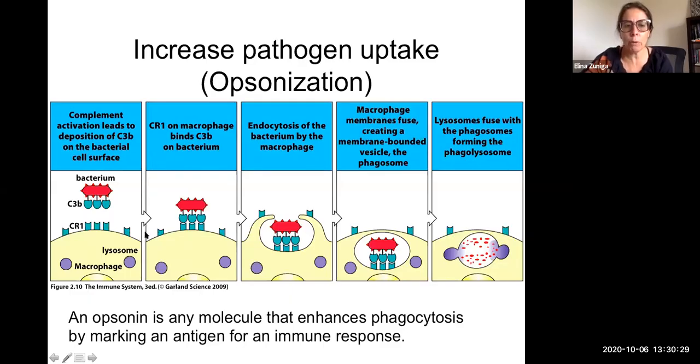And so this is how the C3b, by inducing opsonization, which is an enhancement in the uptake of the pathogen, will lead to the destruction of the pathogen.